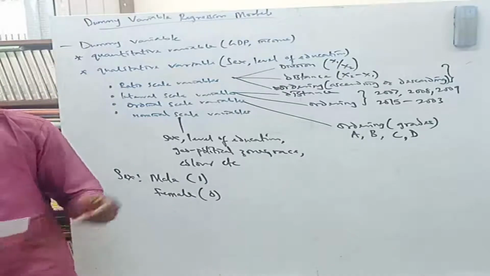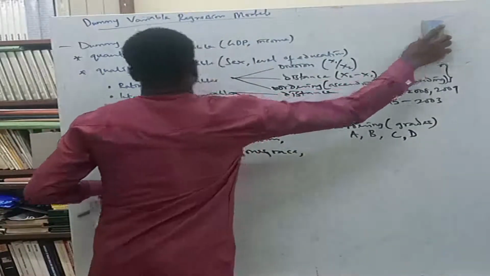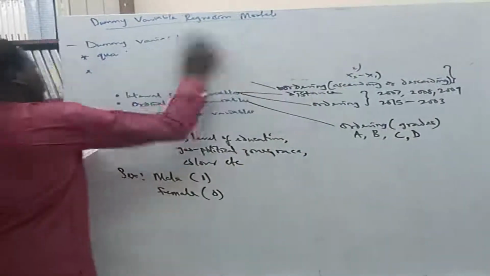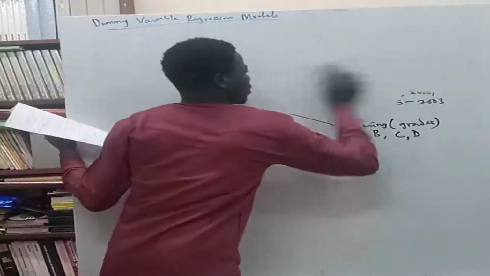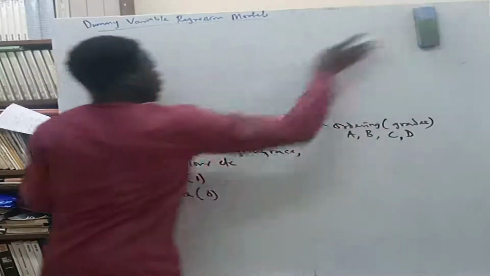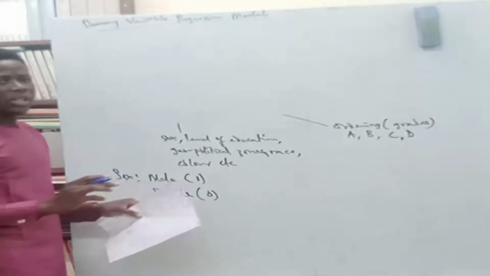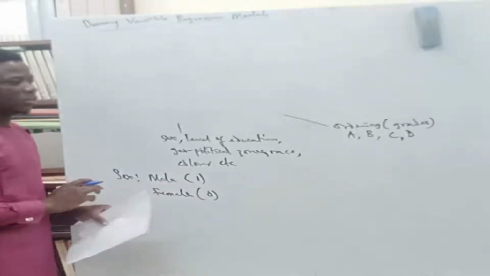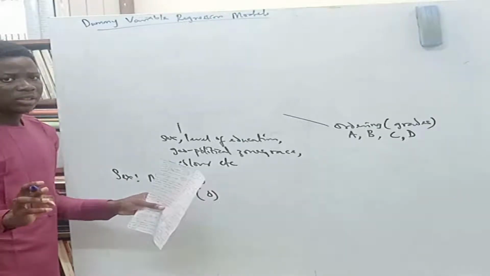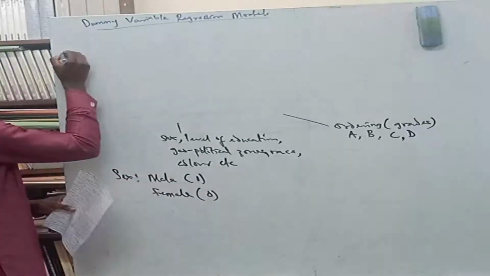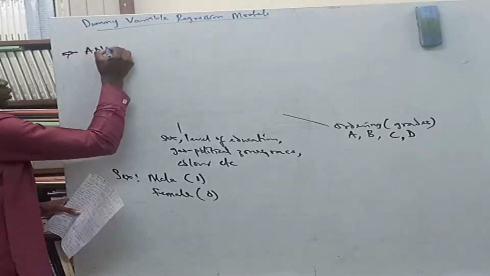Another thing I would like to mention is that we can have a situation where, in your regression model, the explanatory variables are dummies. If that is the case, what you have is an ANOVA model.